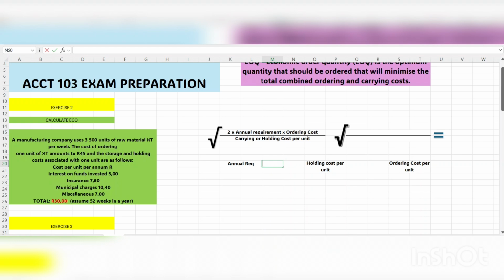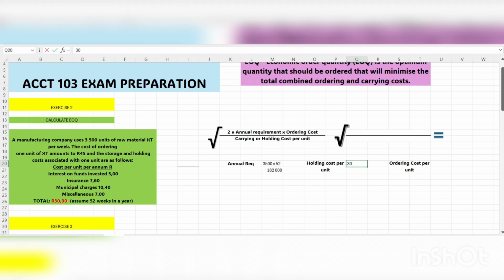So to find our annual requirement, you take 3,500 times 52, and that gives us 182,000. Then we're looking for our holding cost per unit. It tells us our storage and holding is 30, so it's just 30.